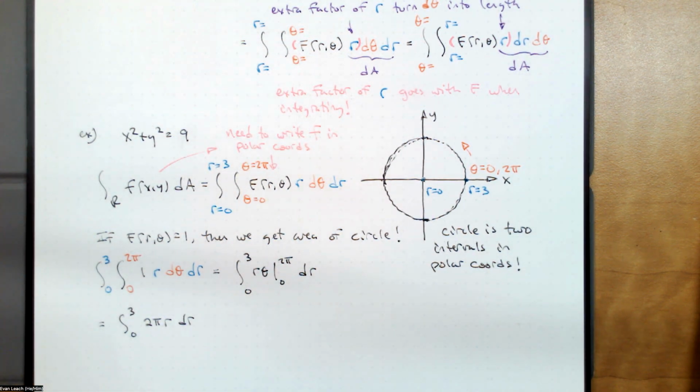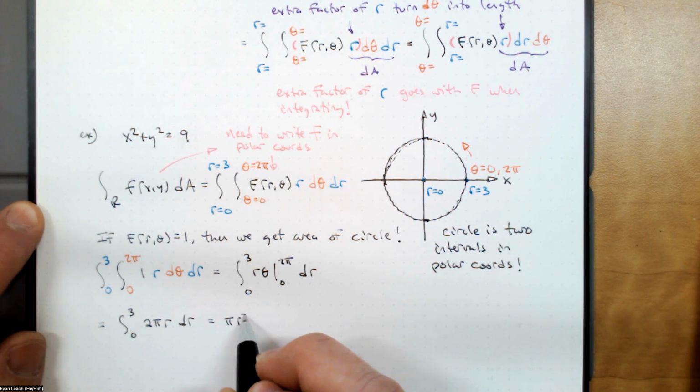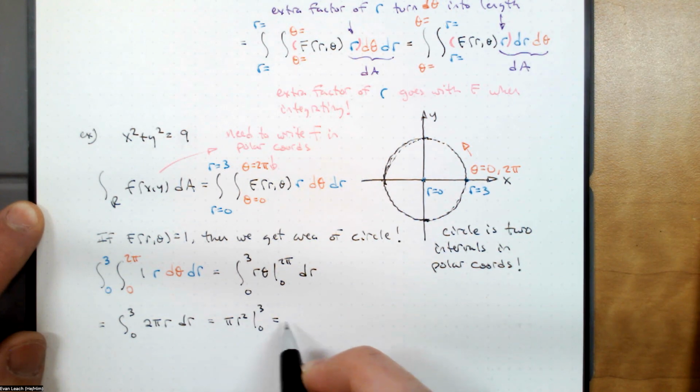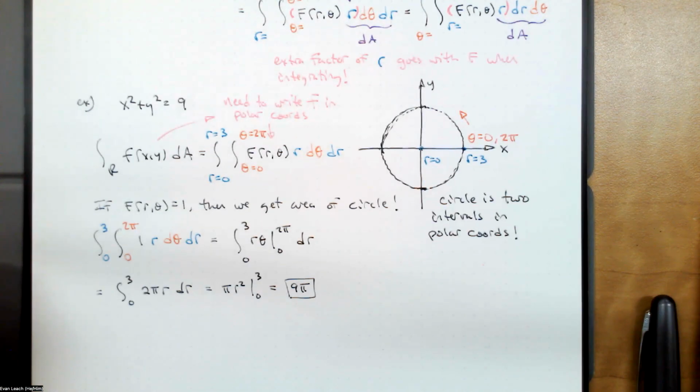The integral of 2 pi r with respect to r is pi r squared from 0 to 3. Just like we expected. We change the order around, we get the same value.